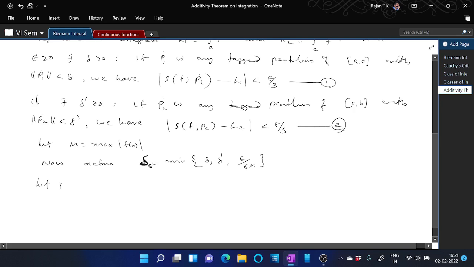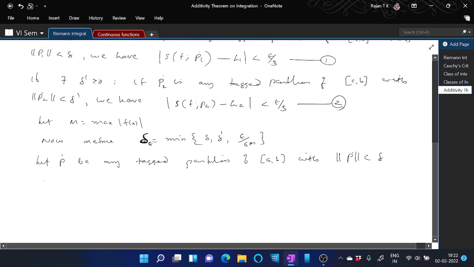Let P be any tagged partition of [a,b] with the norm of P less than delta.